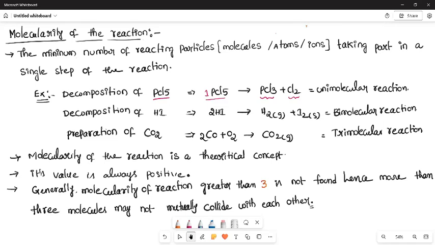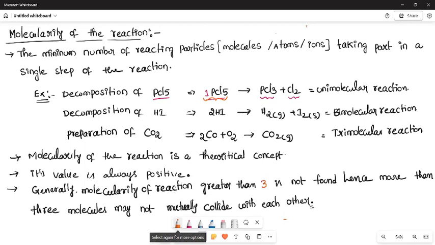How many such reacting particles are taking part in a single step of the reaction? For example, the decomposition of PCl5 gives PCl3 plus Cl2. One molecule is involved in this reaction. Hence, this is a unimolecular reaction.